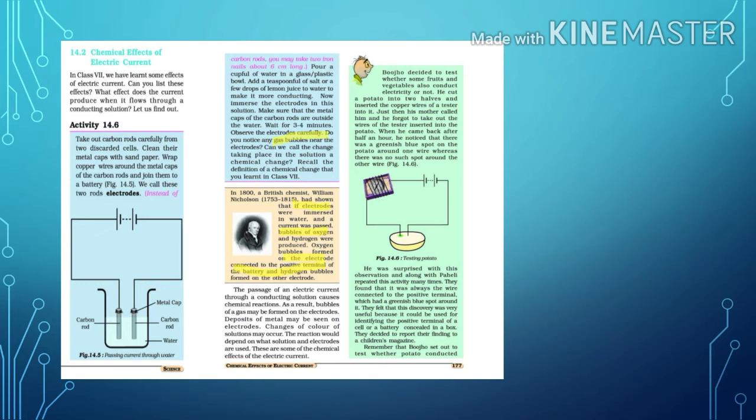We always observe that the passage of electric current through a conducting solution causes a chemical reaction. So the result is that bubbles of gas may form on the electrodes, and deposits of metals may be seen on the electrodes, or the color of the solution may also change.